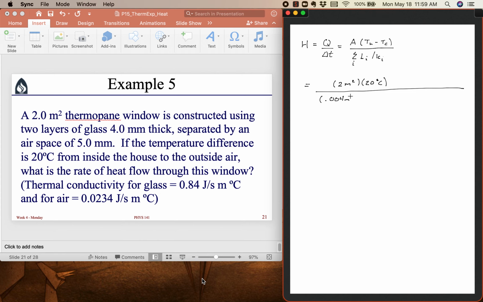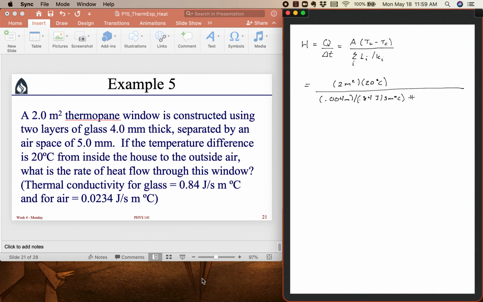And then I need to divide that by the thermal conductivity. And the thermal conductivity is 0.84, so it's 0.84 joules per second meter degrees Celsius. So that's the first material that the heat has to pass through.